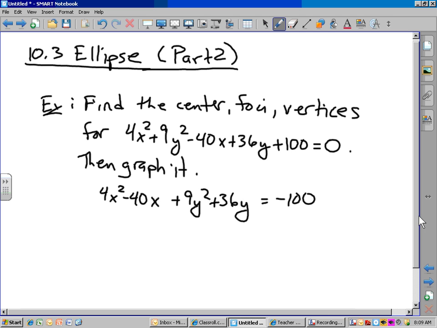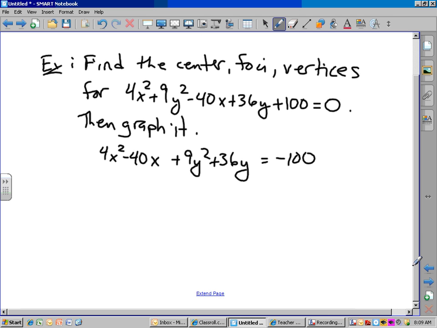So we are going to complete the square just like we did with the circle. The problem is that we need a plain x squared and plain y squared to do that. So here's how we're going to approach that.